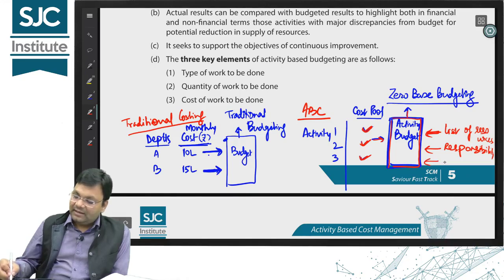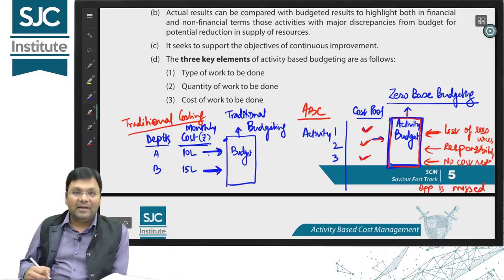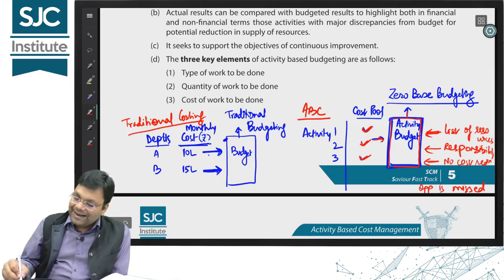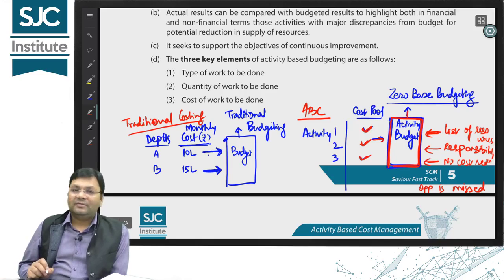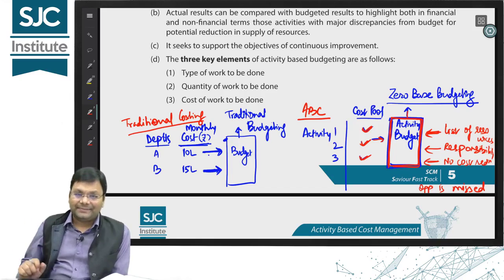And the third is there is less chance of missing cost opportunities. No cost reduction opportunity is missed. So we have to do our planning in a manner that our activity costs are always optimized. Optimized means without this you cannot do it, and there is no excess in it.